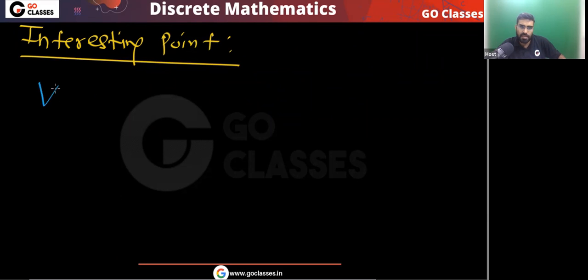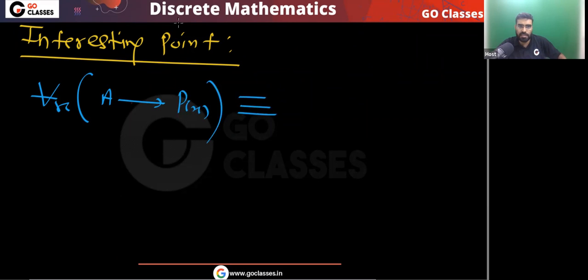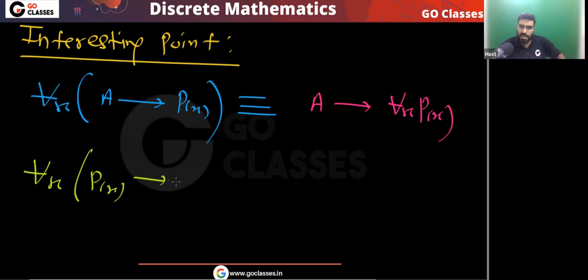What we have seen is that if you have for all X, A implies Px, then this universal quantifier can jump. Yes or no? We have already seen this. But when you have Px implies A, this universal quantifier cannot jump.